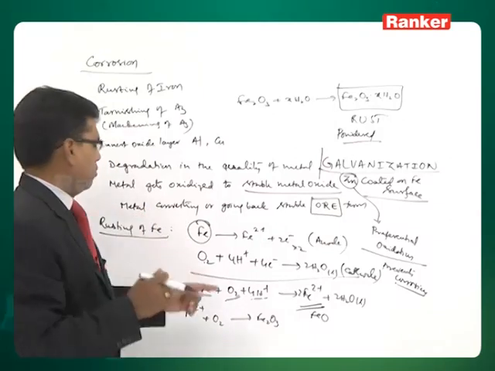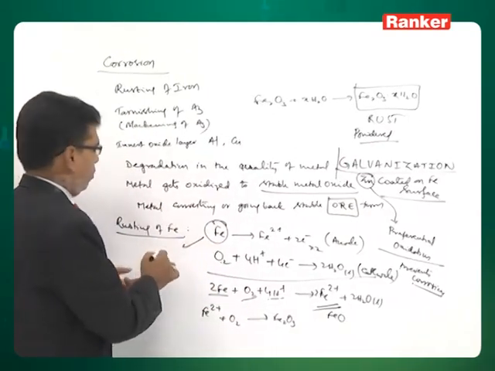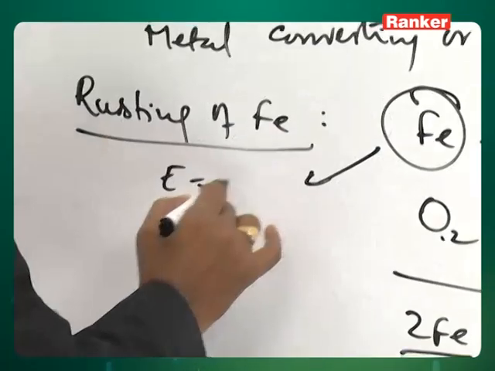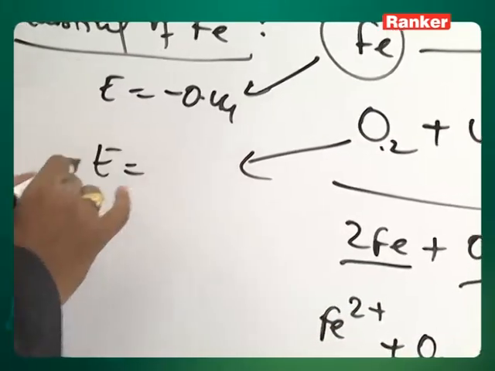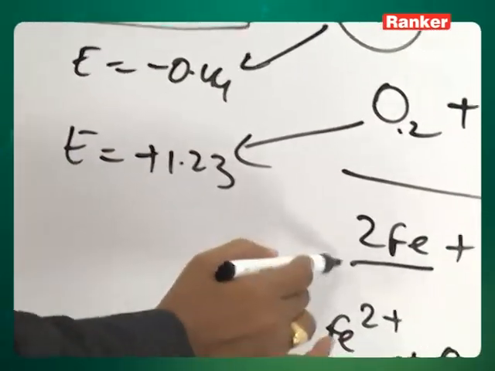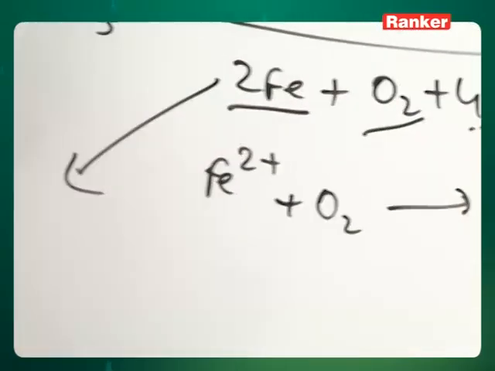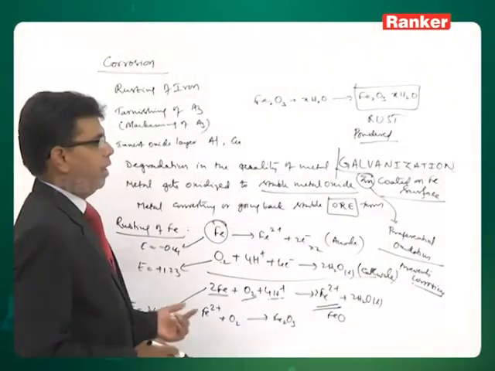prevent corrosion. Here, even for the cell reactions, the EMF is, as we know, minus 0.44 for this, and plus 1.23 for this, and overall for the cell reaction the EMF is 1.67 volts. So, high EMF.